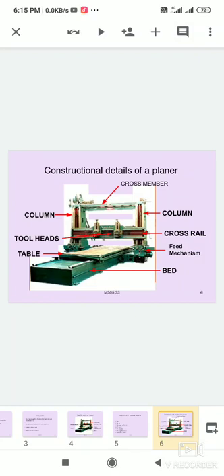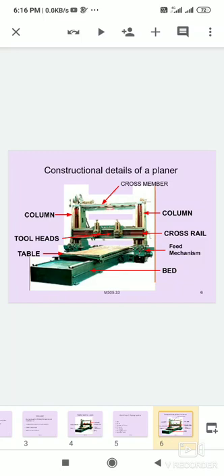This is the construction detail of a planer machine. It is also called a double housing planer, because it has 4 tool heads and 4 cutting tools, 2 vertical columns and 2 horizontal cross rails.